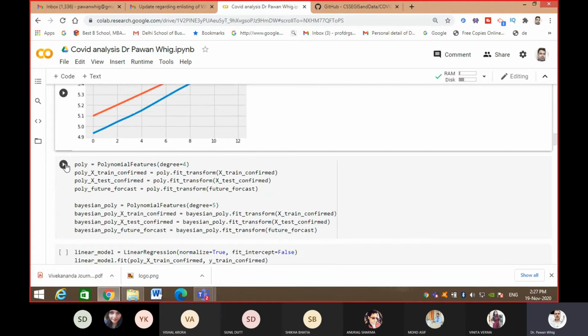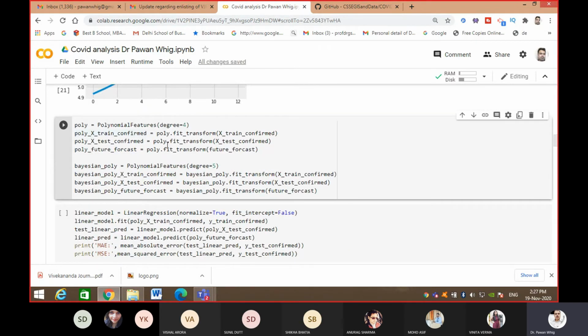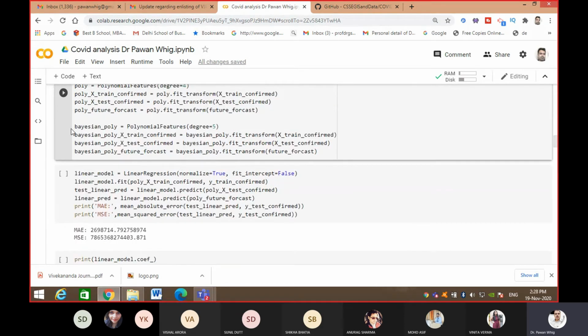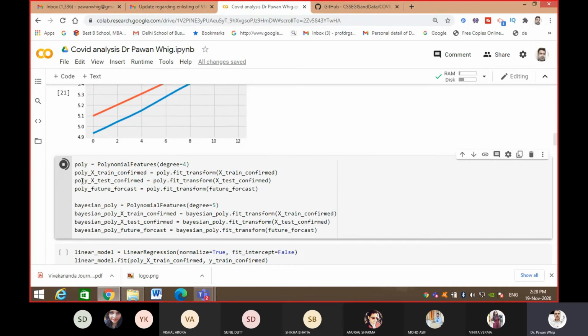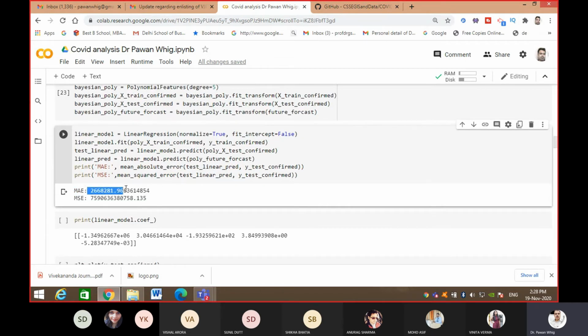Similarly, if you want to fit it with polynomial regression with degree 4, you can fit it. Or you may fit the Bayesian or a linear model. Now we fitted with linear regression, and this time we have these MAE and MSE values.